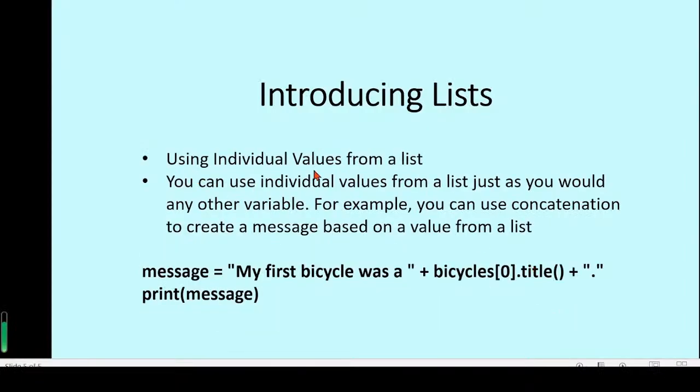Using individual values from a list, you can use individual values from a list just as you would any other variable. For example, you can use concatenation to create a message based on a value from a list. So for example, we can get out the first bicycle and use its title form, then this item is concatenated with this string and this string.